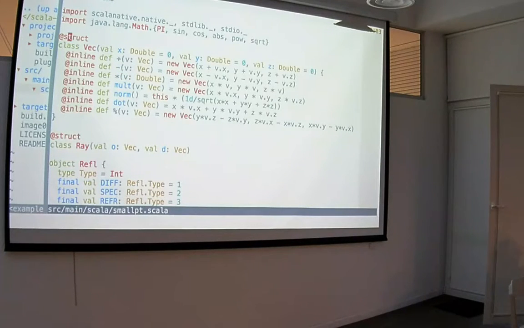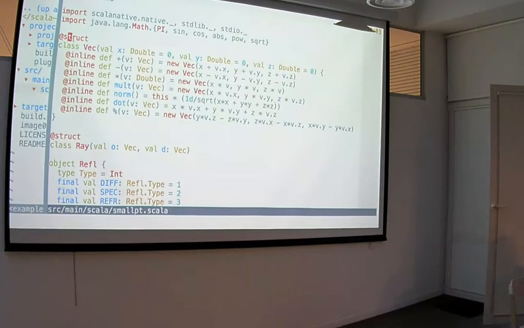So first of all, this first feature is the struct annotation on classes. What it does, it turns your class into a pass-by-value struct, which does not allocate anything at all. So it just is like a large, nice, fat value, and that's it.